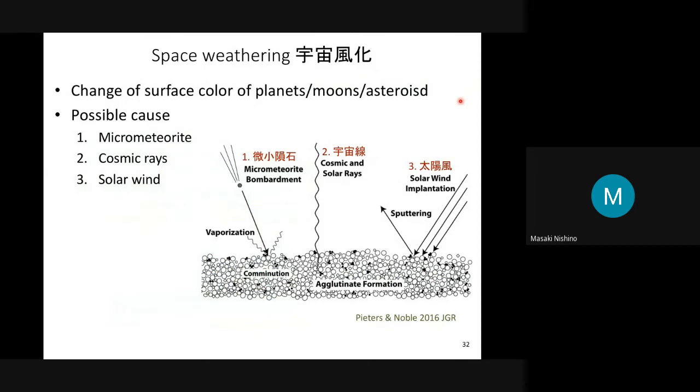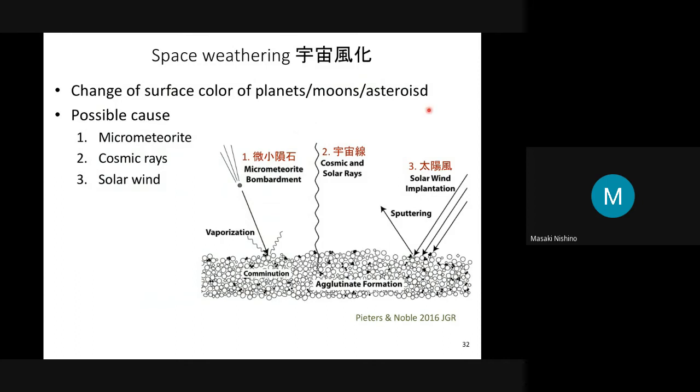And in non-magnetized regions, it is expected that the lunar surface is facing the space weathering effect. Space weathering is a kind of change of surface color of planets or moons or asteroids.